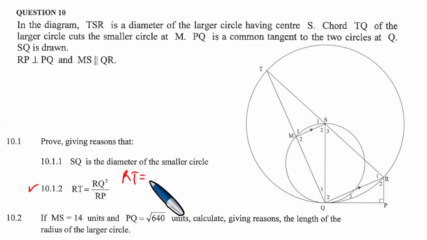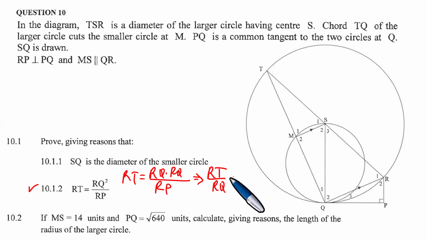So RT over RQ equals RQ over RP. You can cross multiply, multiplying RQ times RQ, and you get RQ squared.